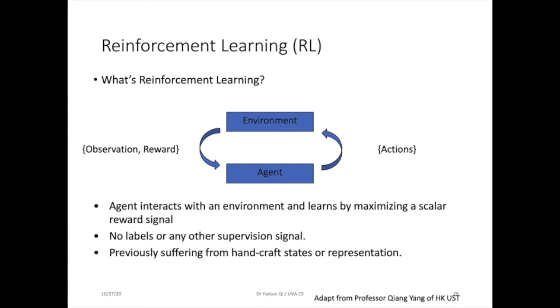The agent interacts with an environment without very clear labels, and learns by maximizing reward signals. The reward signals are much less supervised compared to the labels we normally have in supervised tasks.